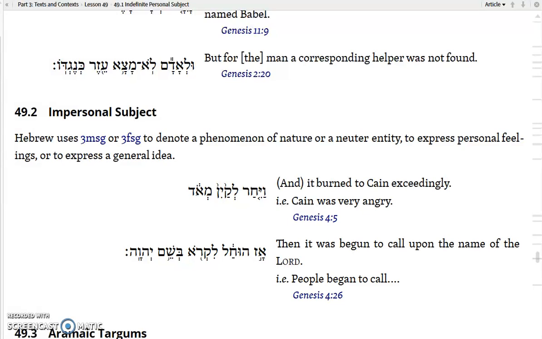Hebrew uses the third masculine singular or third feminine singular to denote a phenomenon of nature or a neuter entity, to express personal feelings or to express a general idea. Example from Genesis 4 and verse 5. Vayichar l'Kayin me'od.